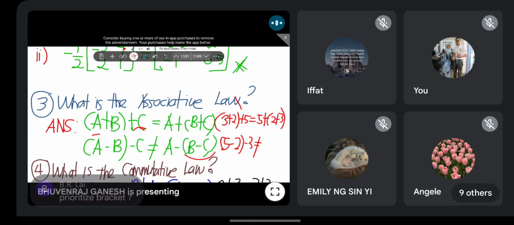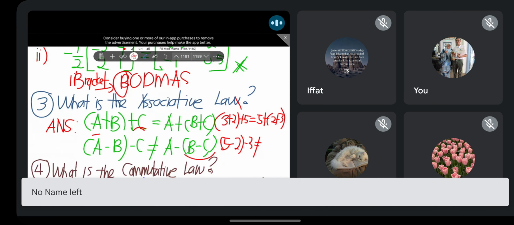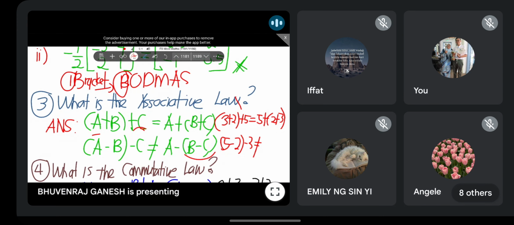Okay guys, I think you all have heard of this, right? BODMAS. The first one stands for bracket. The first thing is the priority, which is the bracket, so that's why we solve the bracket first.